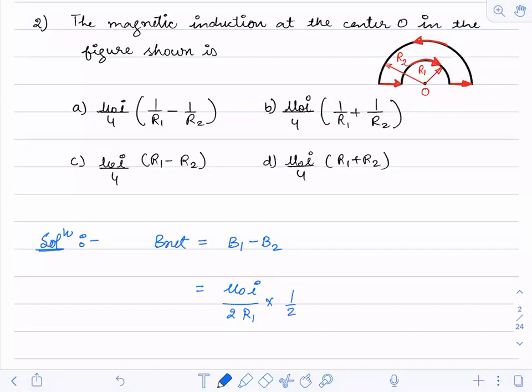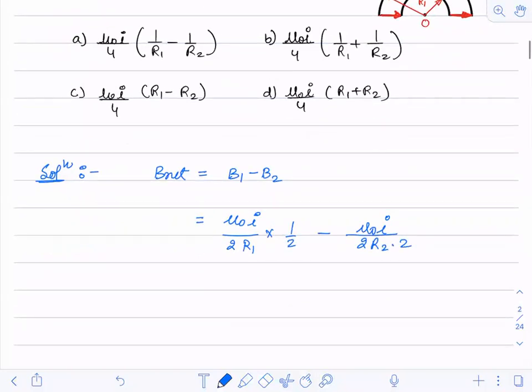Minus mu naught into I divided by 2 into R2 into 2. Now I can take out mu naught I by 4 common. Inside I'll have 1 by R1 minus 1 by R2. So option A is correct.